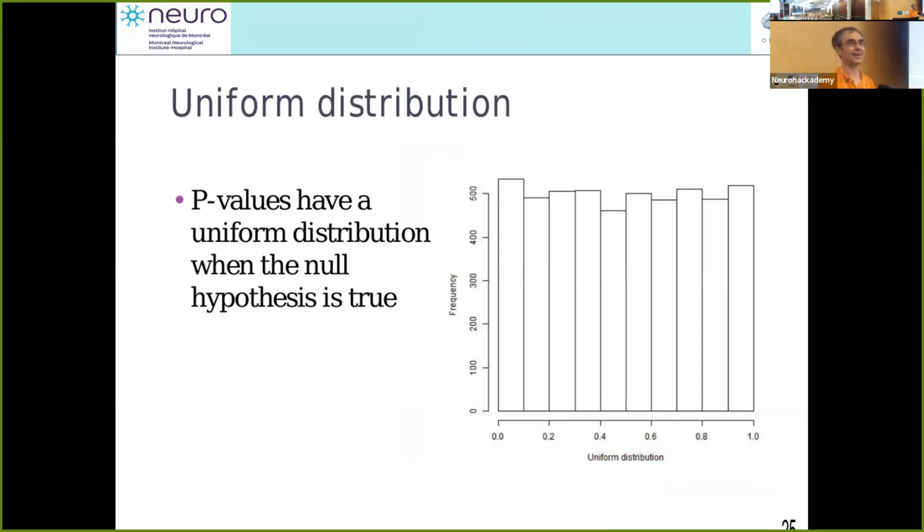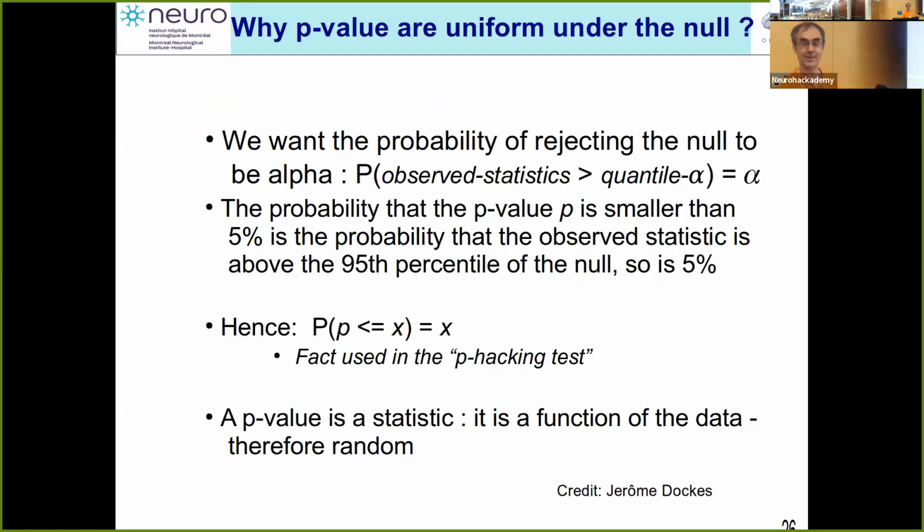Under the null, your p-values are uniformly distributed. If you read that, and I will upload the files, I don't want to go through the whole derivation, but the reason is kind of obvious when you read it carefully and let it sink in. It's not that obvious to let it sink in.